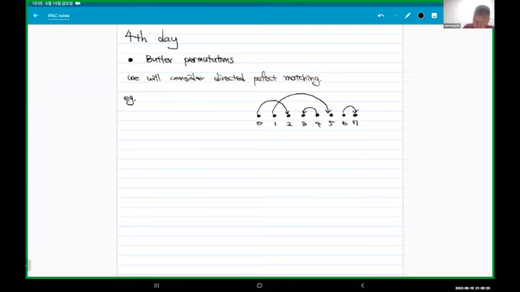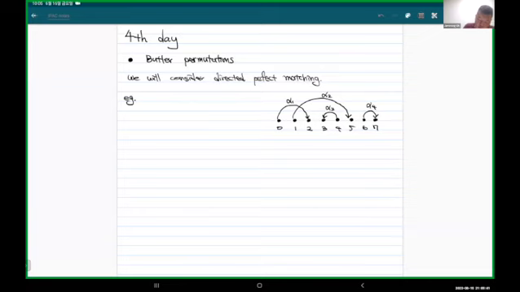Of course, we can name the arcs alpha 1, alpha 2, alpha 3, and alpha 4. Sometimes we display our perfect matching in this way, or we just use 0, 2 to represent an arc. So this arc goes from 0 to 2.